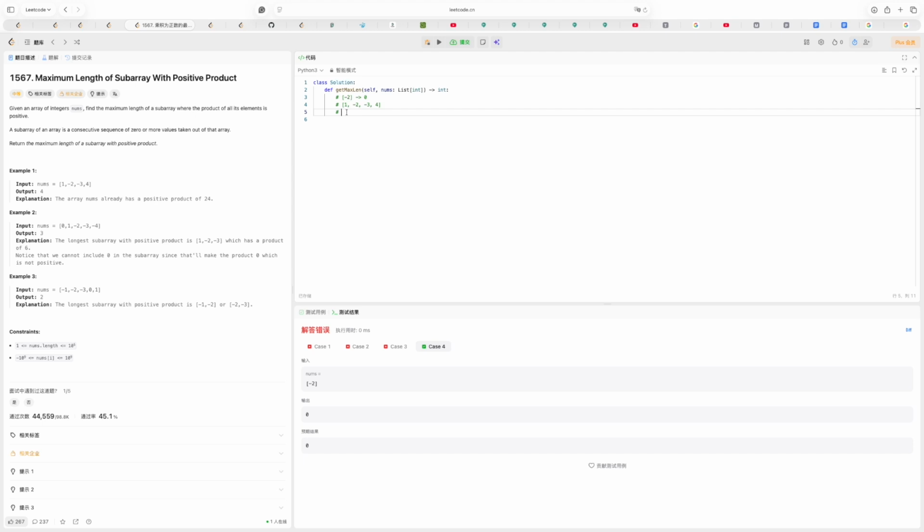So when I have a positive value, I want the previous subarray to be positive. And if I have a negative value like -3, I would like my previous subarray to be negative.